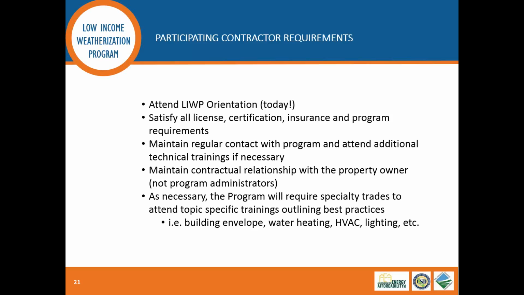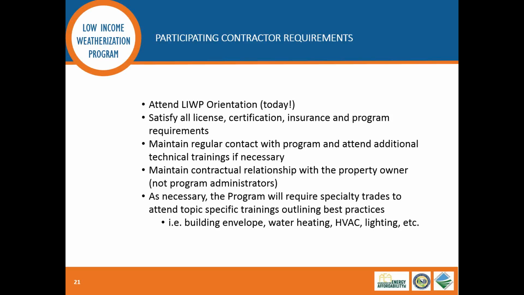First step is the orientation today. We ask that every participating contractor send at least one of the requirements. We also ask that you satisfy the program license and insurance requirements, which I will go over, and you document these requirements to us. We ask that you commit to maintaining regular contact with us and attend additional trainings as needed.